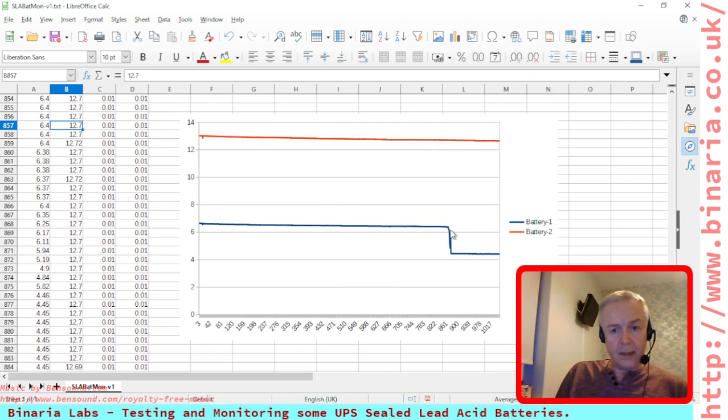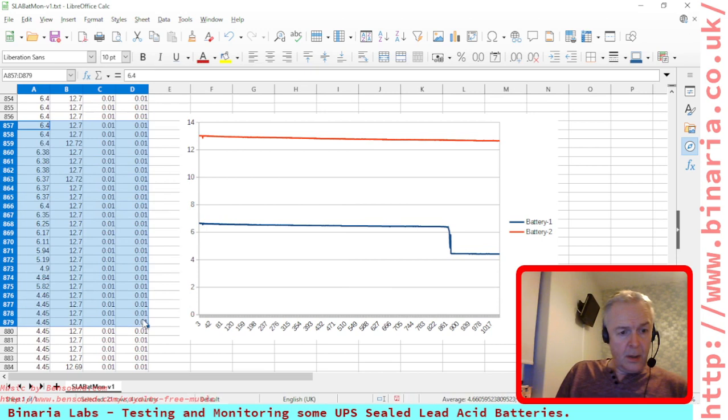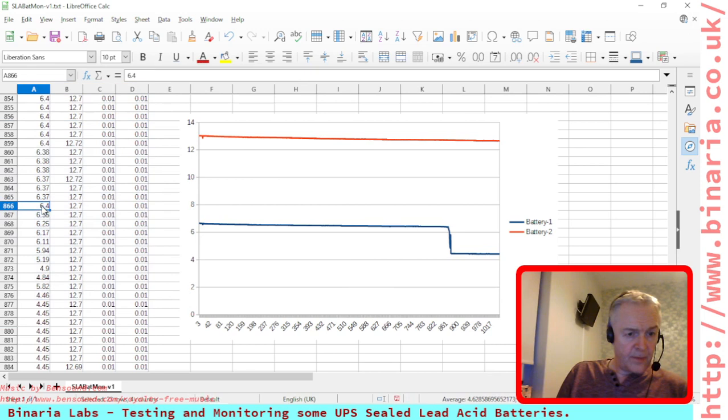After a few days, it collapsed. You can see in the numbers here, you've got 6.64, and then there's a bit of a wobble, and then we're down to 4. So literally in the space of, well, where do we start? 6.4 to 4.4. That is a space of how many lines?